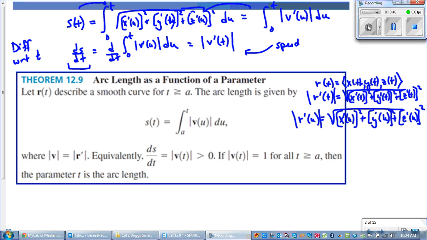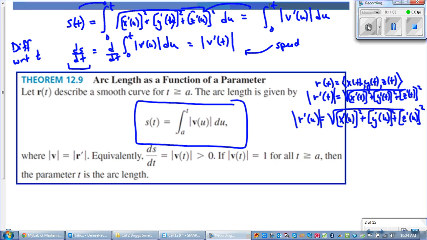So if we want to figure out a function for the arc length in terms of the parameter t, we're determining our speed. So this is the formula that we're going to use if we want to find that function for the arc length.